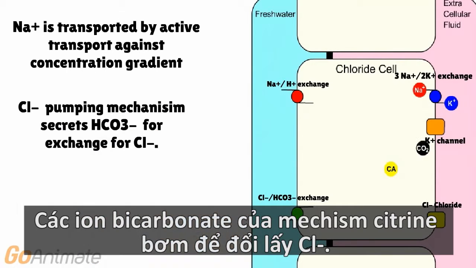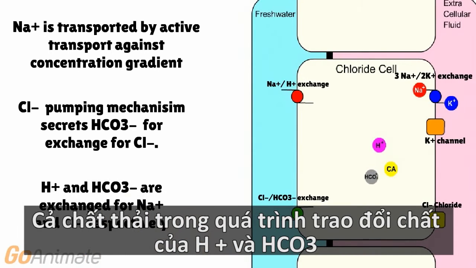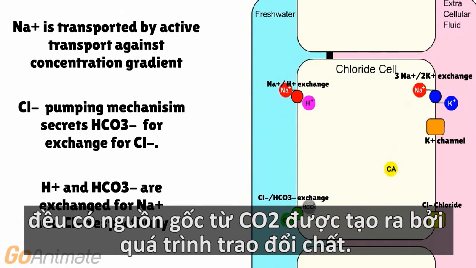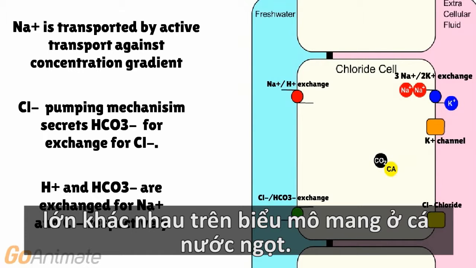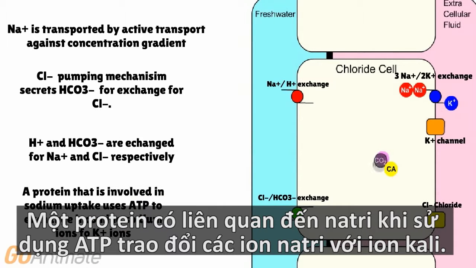The chloride pumping mechanism secretes bicarbonate ions in exchange for Cl-. Both H+ and HCO3- metabolic waste are derived from CO2 produced by metabolism. The H+ and HCO3- keep it from generating a large charge difference across the gill epithelium in freshwater fish. A protein that is involved in sodium uptake uses ATP to exchange incoming sodium ions for potassium ions.